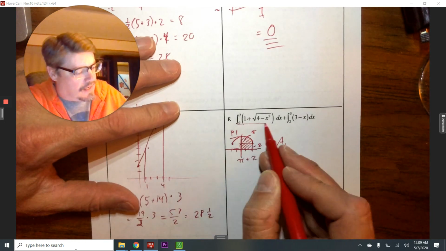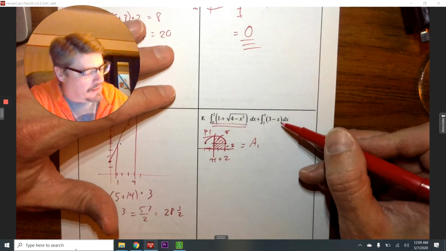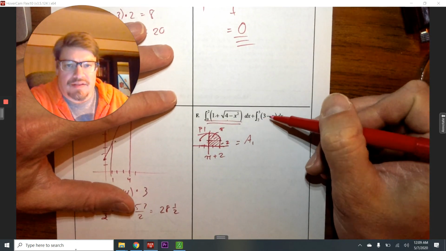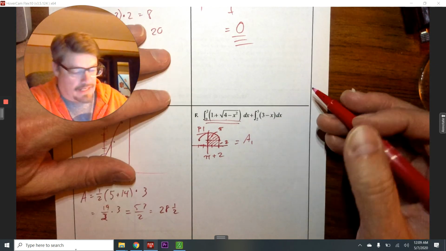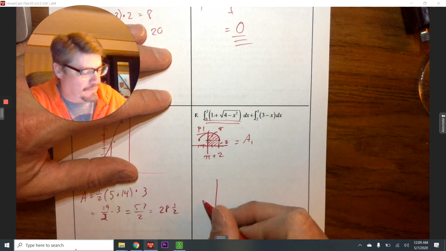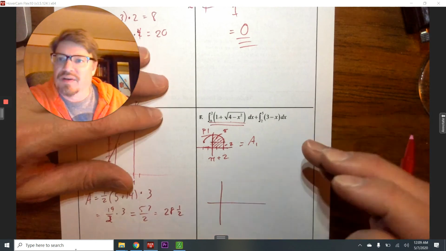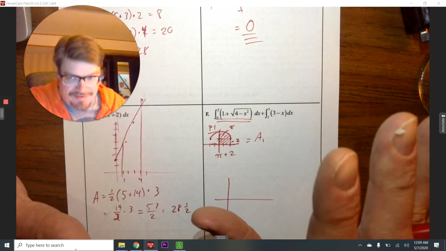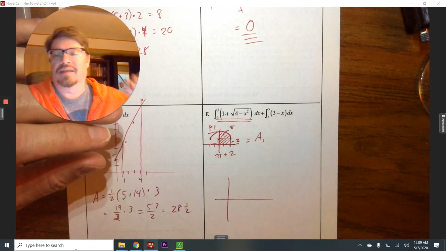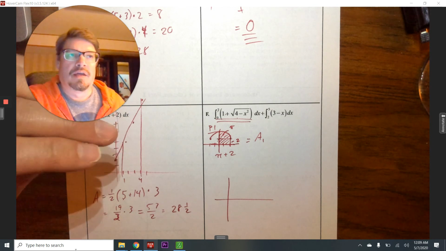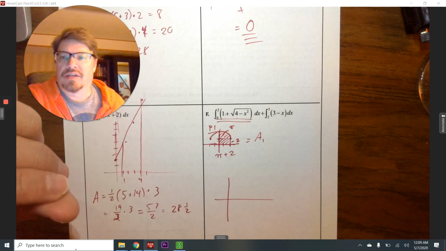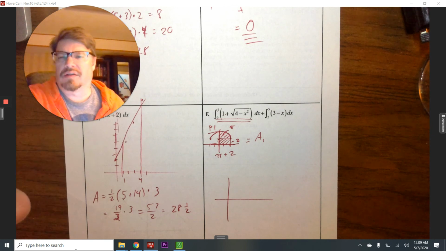Now the next guy goes from 5 to 2. Now this 3 minus x is just a line, so let's graph him. They're pretty lengthy, and this is why, when we get into the next section, you're going to just be able to do this algebraically.